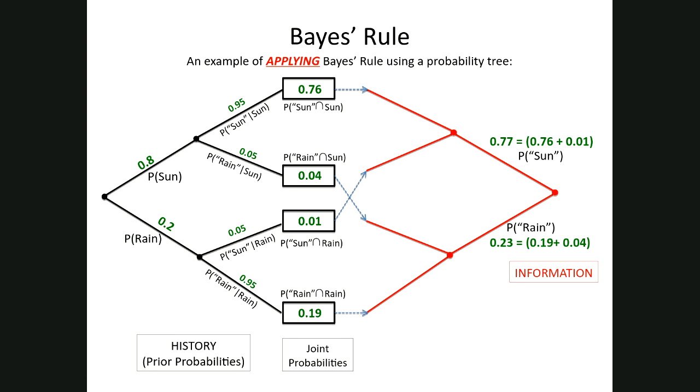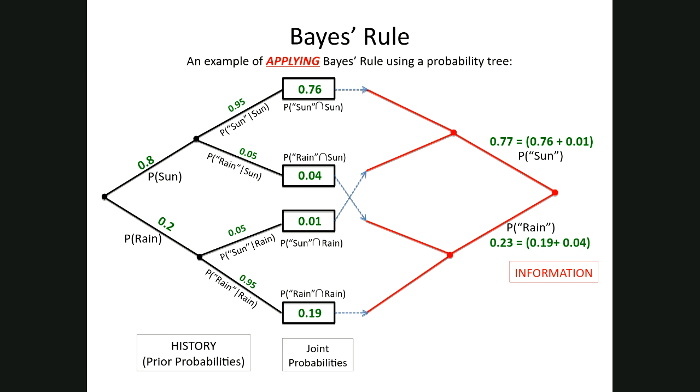So now we've got this new information, and so what we want to do for part B is, given that the forecast is sun, what's the chance that it actually will be sunshine?